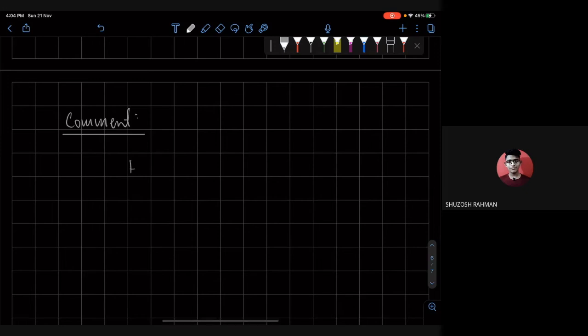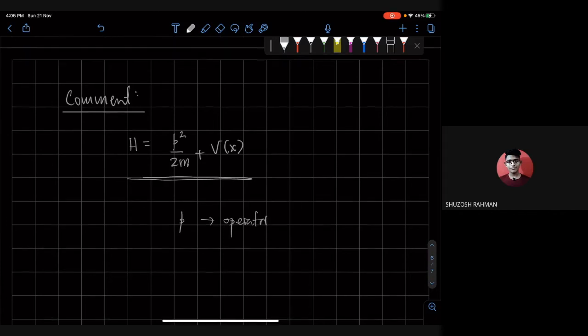We'll see that the energy, which I'm writing as H suggestively because it's a Hamiltonian, is going to be p squared by 2m plus V of x, okay? And we will see soon, and it depends on a lot of machinery that I still have to introduce, that in quantum mechanics, this momentum is going to be an operator. That's something that we'll discuss today. And the position is also an operator.